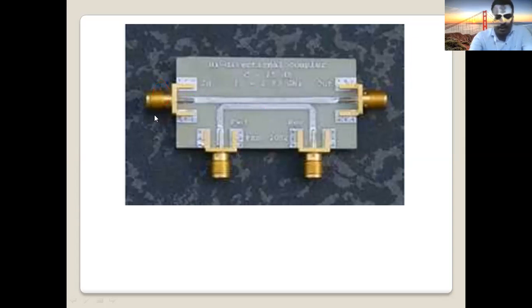Let's say we apply power P1 here, let's say a 10 watt signal power at port 1, where we connect our coaxial cable. So the signal starts to transmit directly from port 1 to port 2, right? That is the direct port.